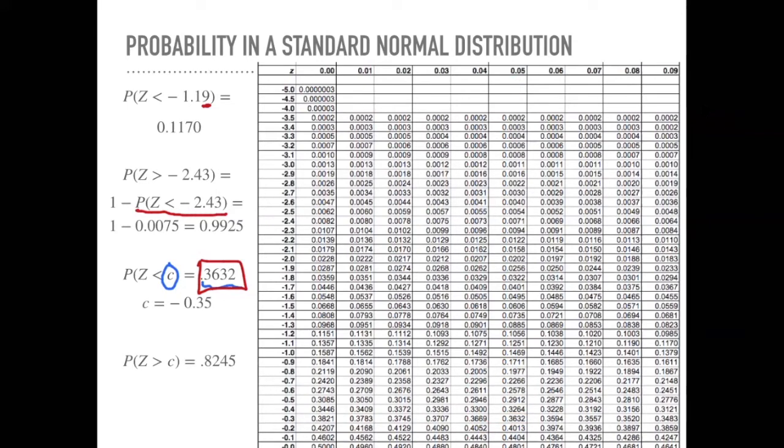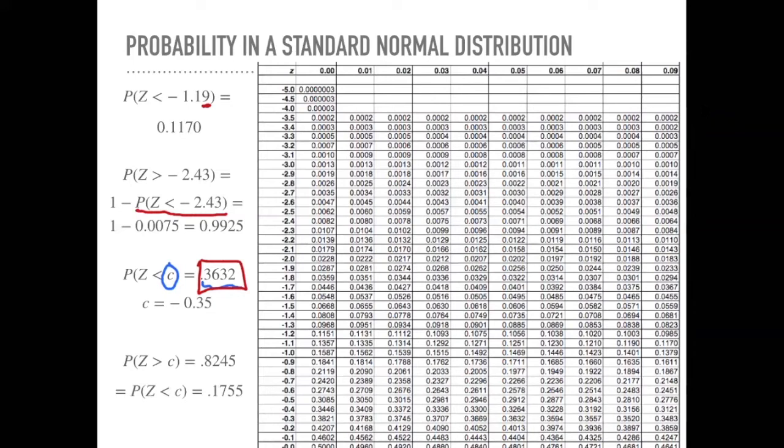What if I said the probability that z is greater than c is equal to 0.8245? You're like, whoa, okay, we have a greater than there. Our table doesn't give us greater than, so we'd say 1 minus, right?